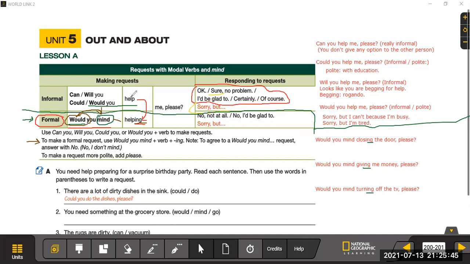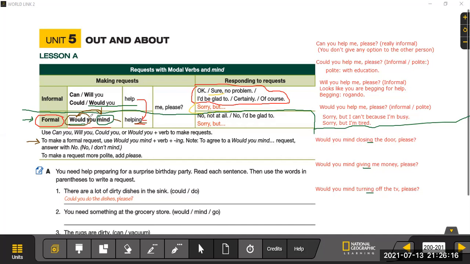We could say that the only difference is that when you use that, it is informal. But when you use mind with the verb with ing, it is formal. That is the only difference. I understand. It's only for using ing. Exactly.